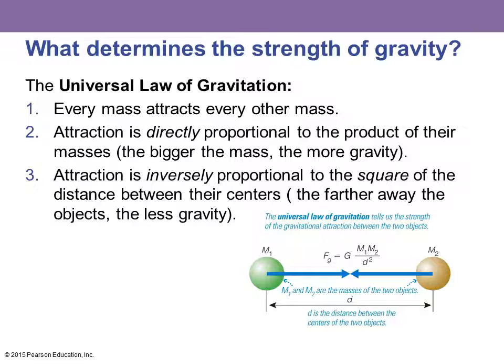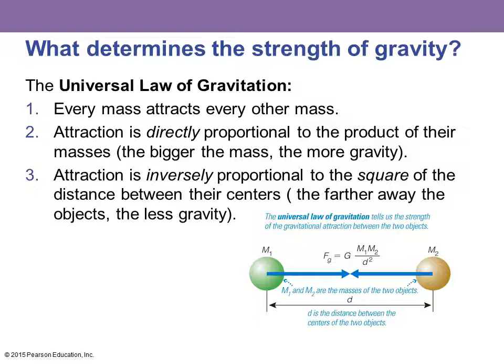So in the example there that you see with the two spheres and the blue arrows, the force of gravity on or within each other between the green and the brown sphere appears to be pretty much the same. M1 and M2 are the masses of the objects. D is the distance between the two. So if the mass of one or the mass of the other or the distance between them change, that changes the force of gravity.